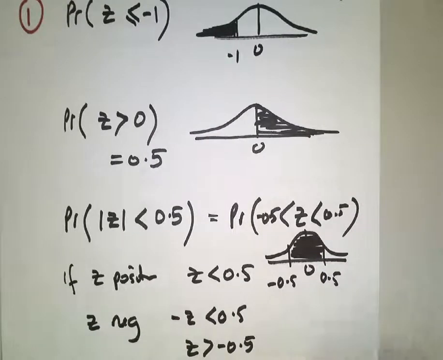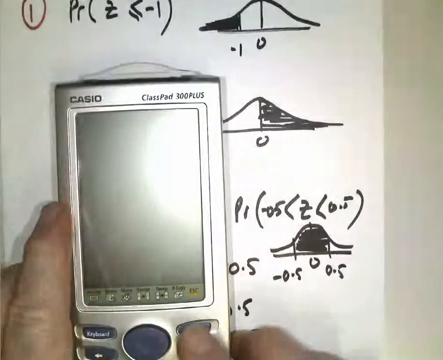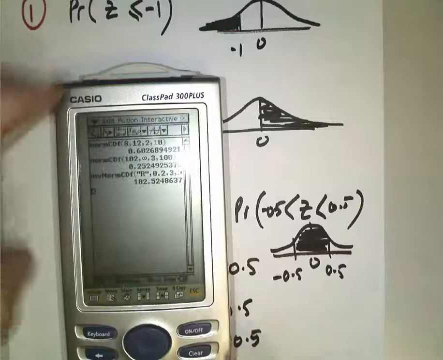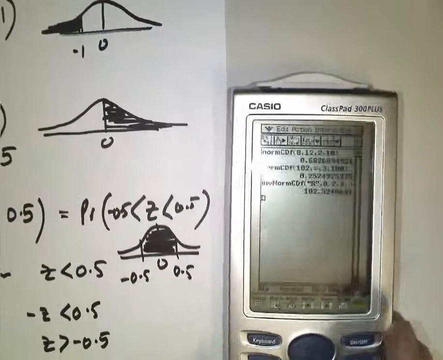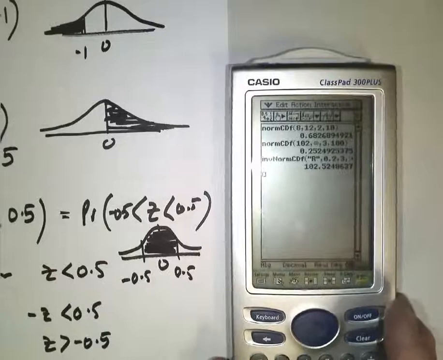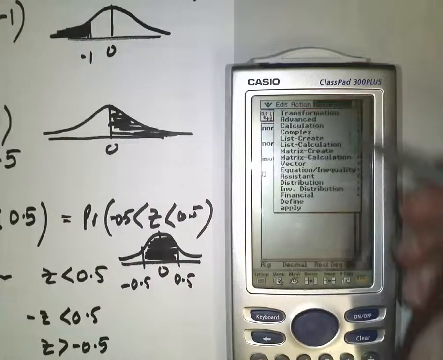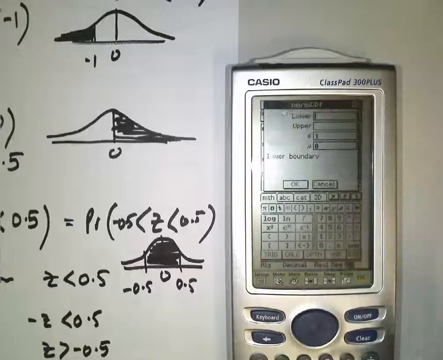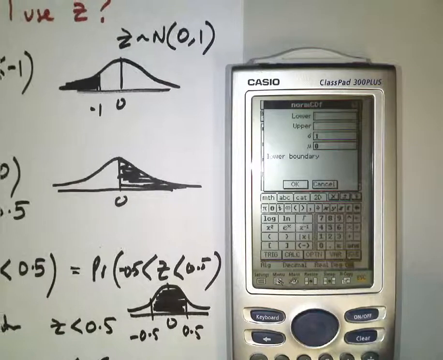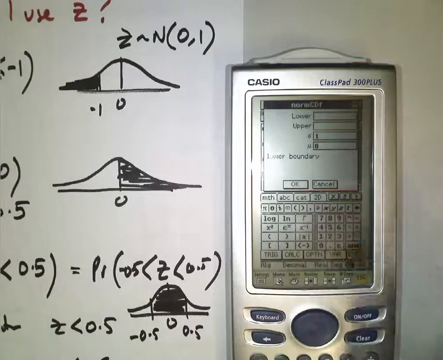Okay, so what would these look like on the calculator? Place the calculator in a spot where you can see it. Distribution, Normal CDF. For this one here, the lower is -infinity.